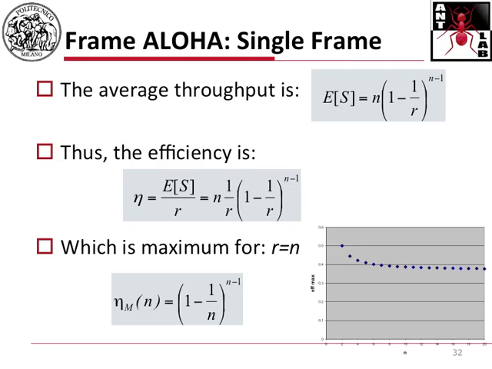If R is much lower than n, I'm losing in the numerator of that expression, right? So I'm losing in the average number of successful transmissions, which is going to be very low. What if I set R much higher than n? Where do I lose? The efficiency is low. Why? Because of the frame.